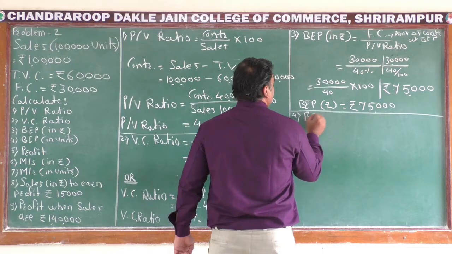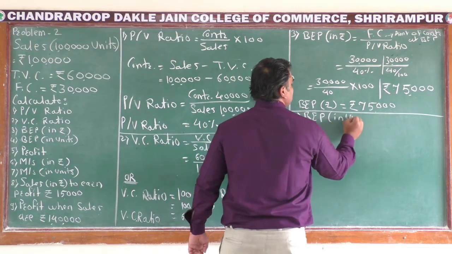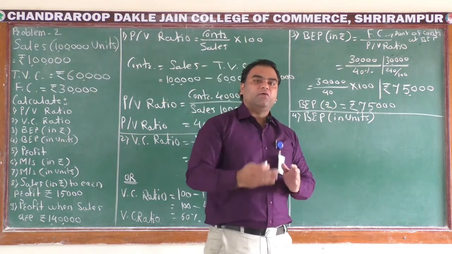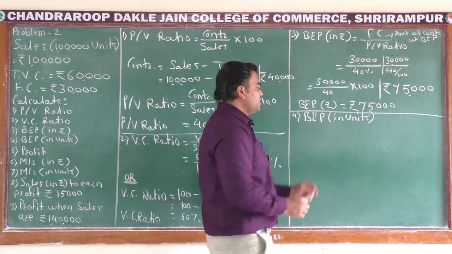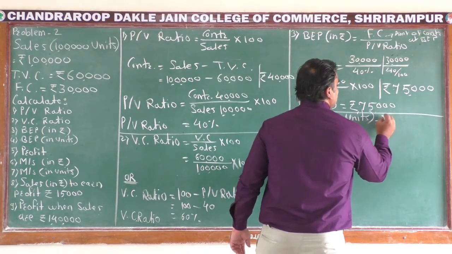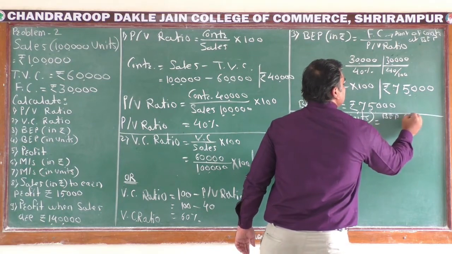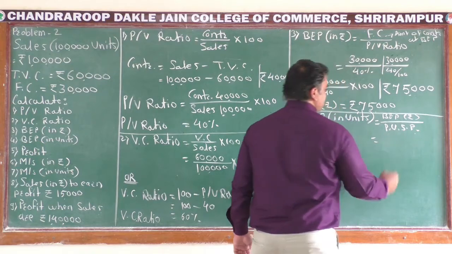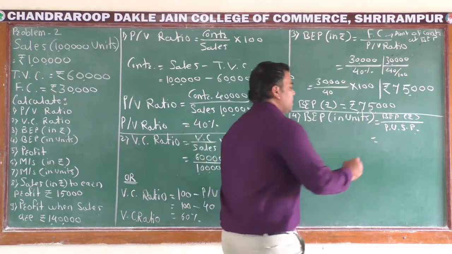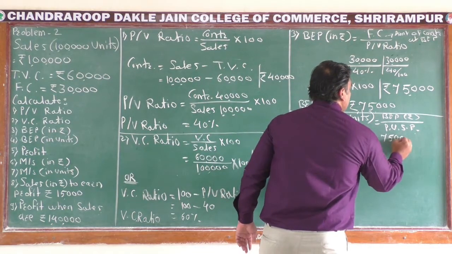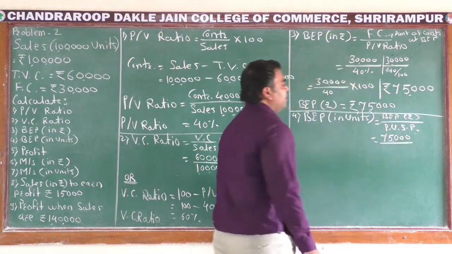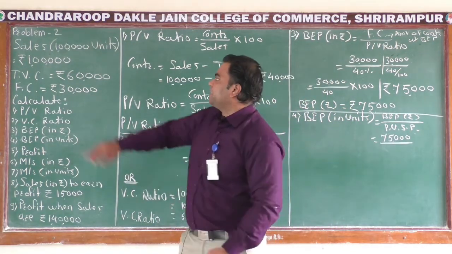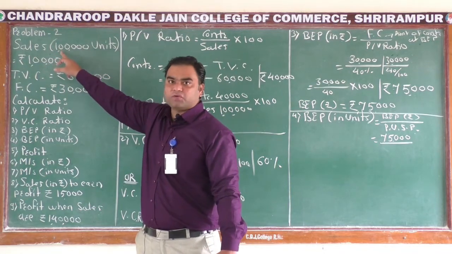Now next, fourth, we are asked to calculate BEP in units. How to calculate the BEP in units? If we know the amount of BEP rupees, then we can easily find the BEP in units by using the formula: BEP rupees divided by per unit selling price. Here BEP rupees is 75,000, divided by the selling price of 1 unit. Here total sales are 1 lakh and the number of units sold is 1 lakh.